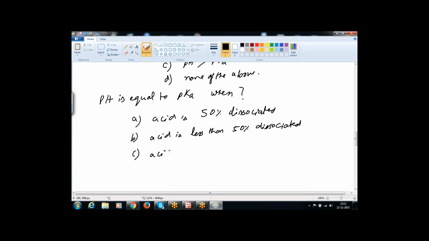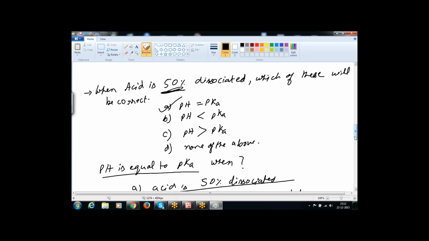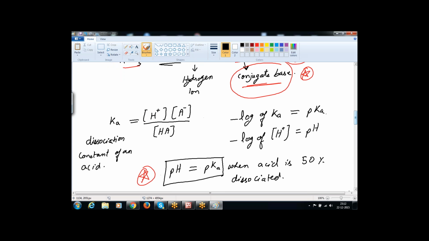Option C, acid is more than 50% dissociated. Like that, they give you options. So you have to know that when pH and pKa are equal, it is 50% dissociated. And what pKa is, what pH is, that I've told you. Is that clear?